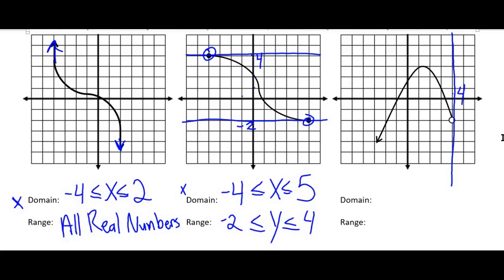So my graph starts at +4 and it includes every single x value that is to the left of that +4. So the entire graph is less than 4. The way I say that with one boundary is all the x values are less than 4.